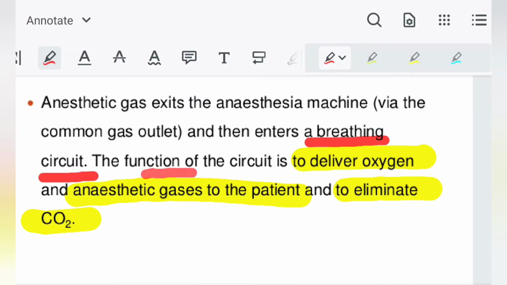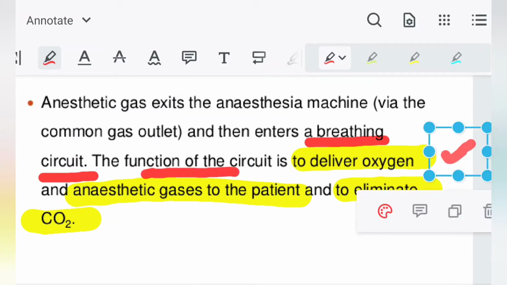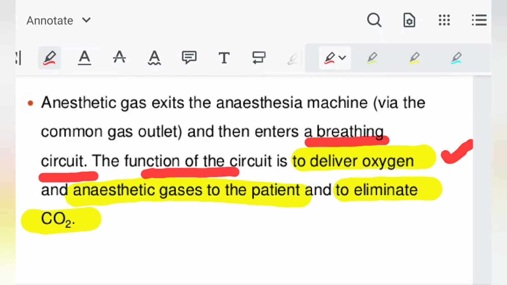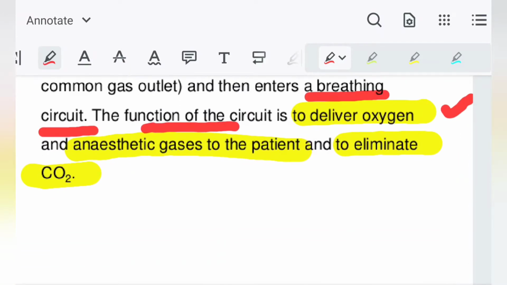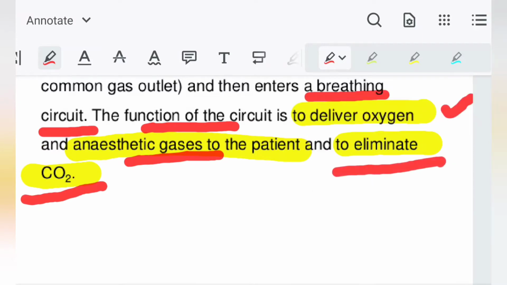So what's the function of the circuits? To deliver oxygen to the patient and also anesthetic gas, and the patient's respiratory CO2 which is exhaled will be eliminated by the breathing circuit.